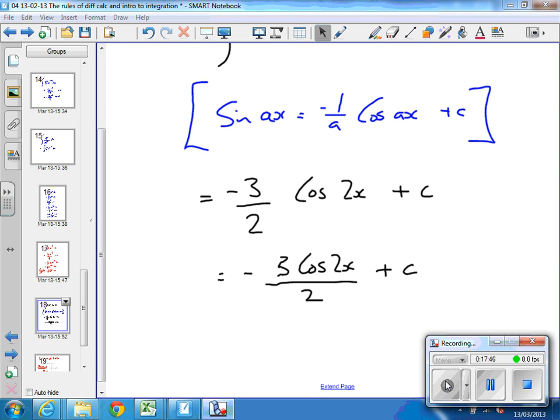Okay? That's a common sort of thing that trips people up. These two things actually mean exactly the same thing. Dividing minus 3 by 2 and then timesing by cos 2x is exactly the same as multiplying minus 3 by cos 2x and then dividing by 2. The order doesn't matter.